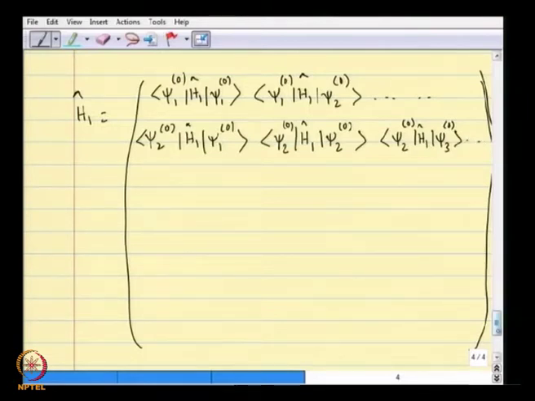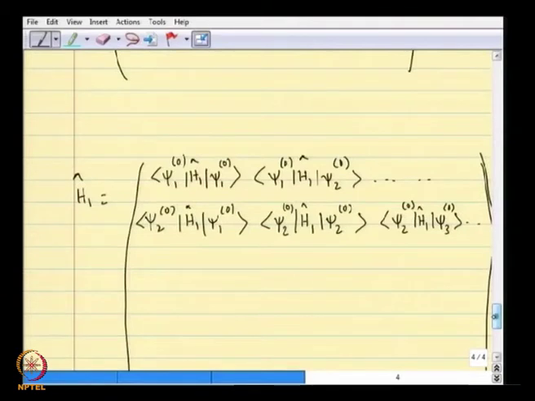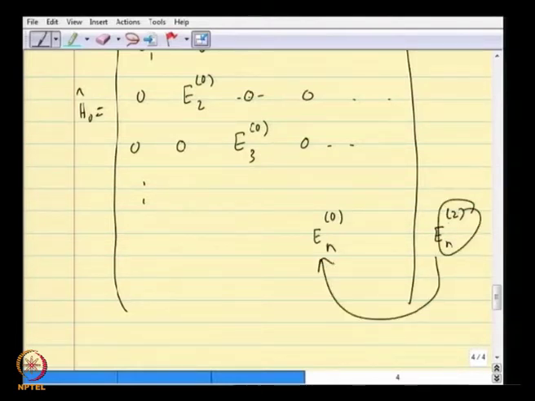Now, if I have to write it even more symbolically, I want to look at the correction to the nth element, that is the nth diagonal element. Please remember En0, if it is here, En2 represents the second order correction to this value due to the perturbation. Now what you see is that the second order correction to this value is given by a summation of all possible values with energy denominators.